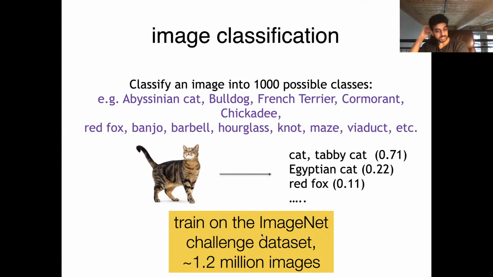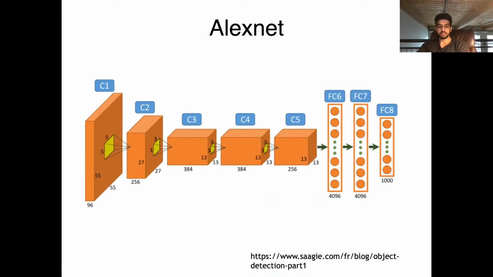So this had about 1.2 million images, which was a ton for that time. Nowadays, we have much larger data sets, but ImageNet is still used as a benchmark data set for testing out different computer vision architectures.